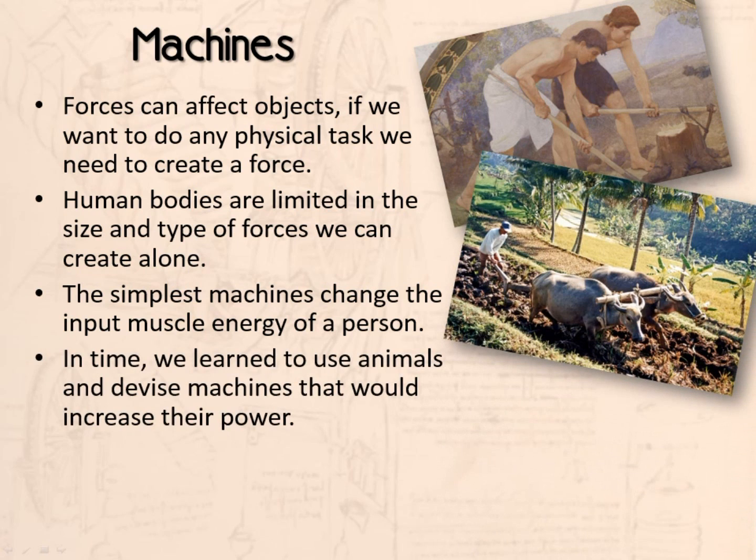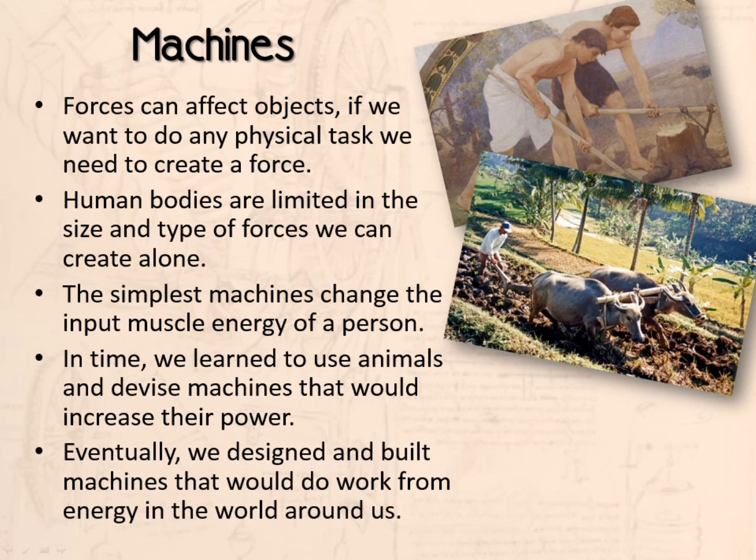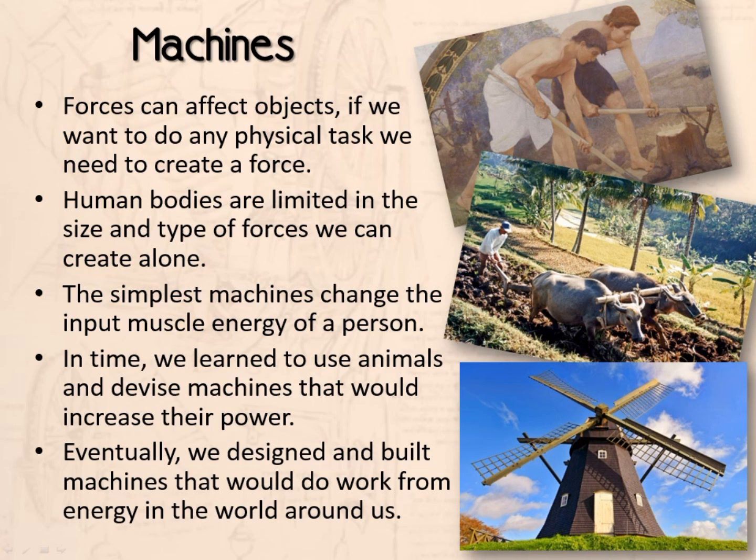Later on we learned how to use animals, and we used the power of their stronger muscles to apply even greater forces, and used machines to do that. You can see here a more advanced kind of plough, until finally we designed what we would recognize as machines today, that do work from energy taken from the world around us.